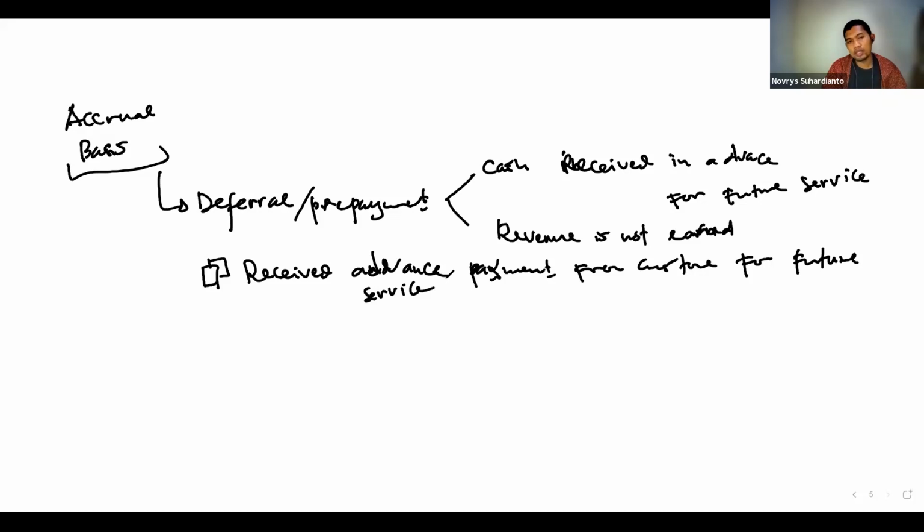Once the business receives that payment, of course the business will debit cash.